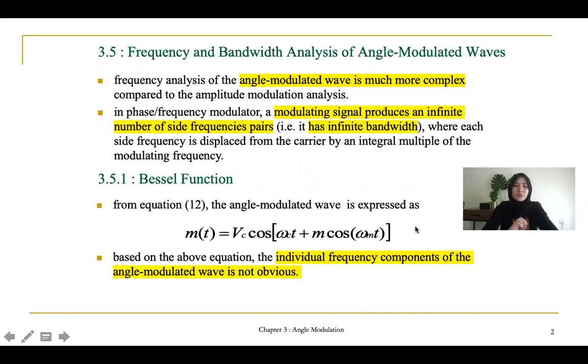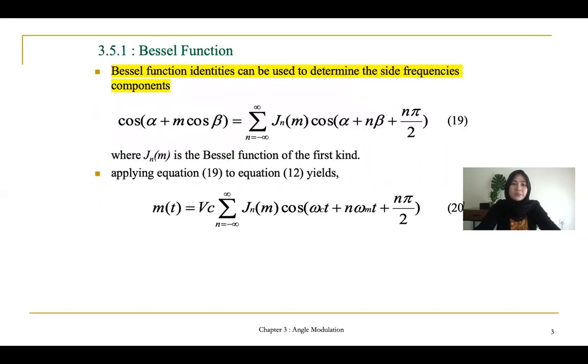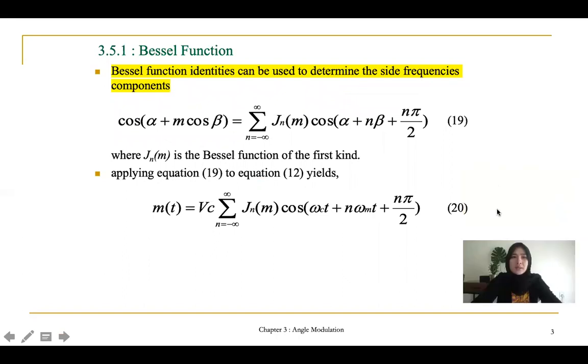But based on the above equation, we do not know the individual frequency components of the angle modulated wave. We don't know what exact components exist in it. So in order to determine the exact components in the angle modulated wave, we can use the Bessel function identities.